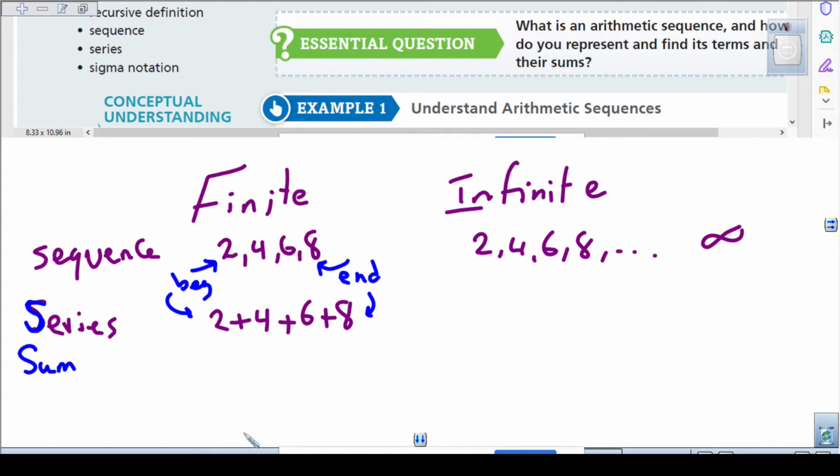Also, another notation for summing up series is this Greek letter, which is sigma. So this Greek letter looks like this. Just like the S in English, this is the Greek letter sigma, and that's the one they use in math to add up.